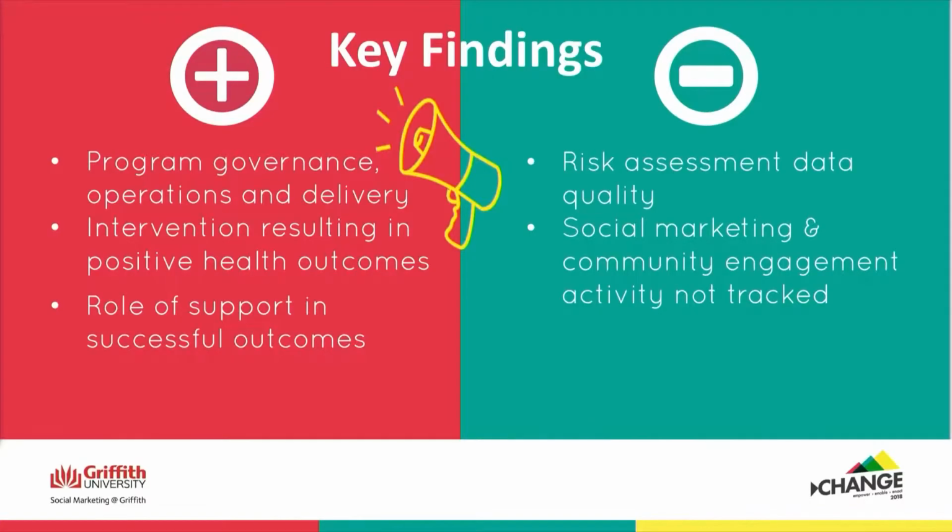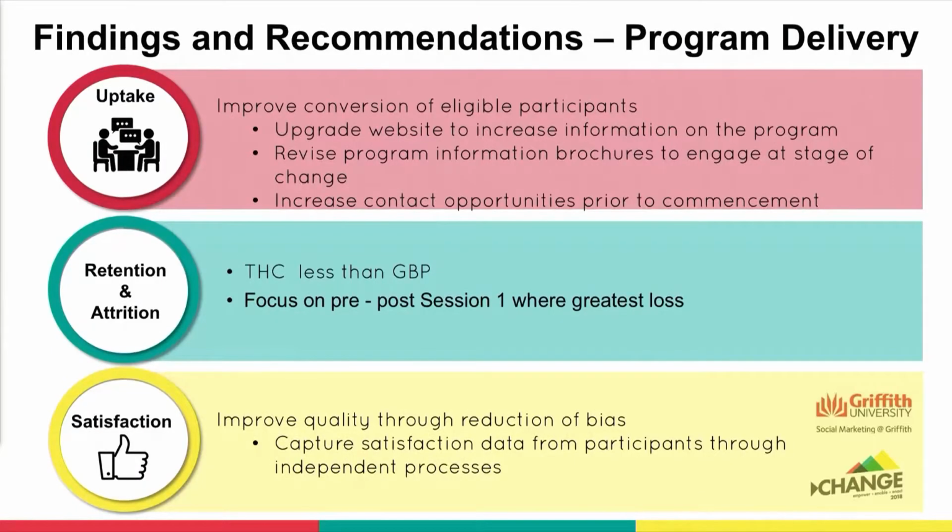So in our first year's report, after the program had been running, there were a few things that we could see were working really well and some things that weren't working so well, and that we've now implemented changes to counteract that. So some of the things were about improving the conversion of eligible participants.